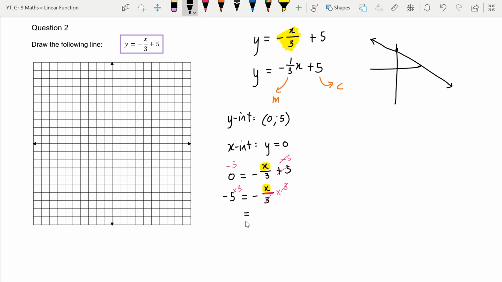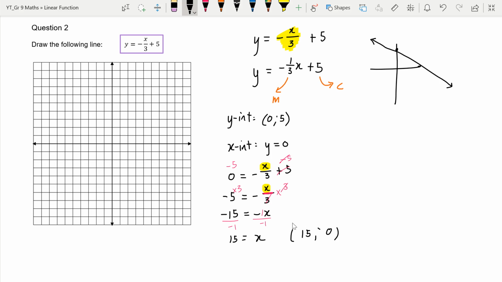So then on the left, I've got negative 15, and I'm left with a negative x. And then remember, there's a coefficient. I'm going to divide both sides by negative 1, and then I've got that x is equal to 15. So there is the x-intercept that we can plot, where my y is 0 and my x is 15.